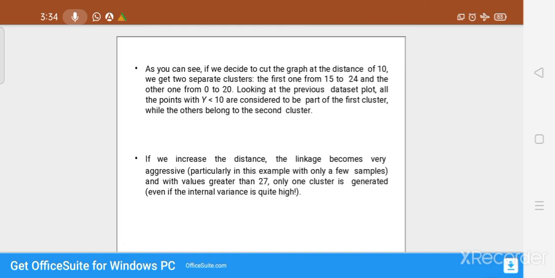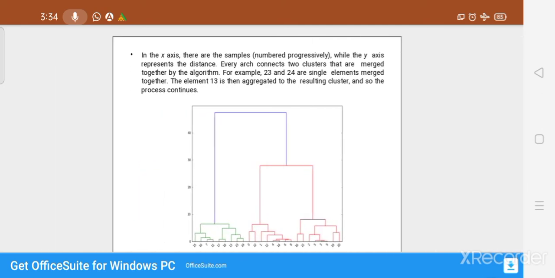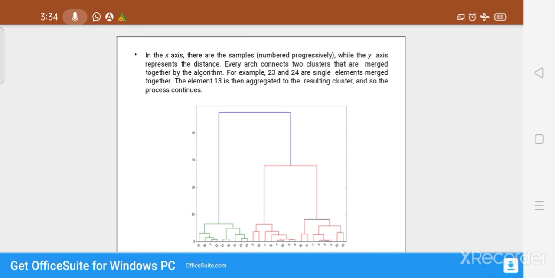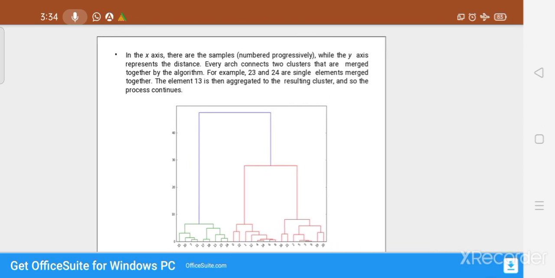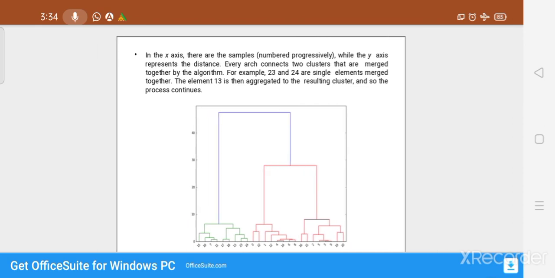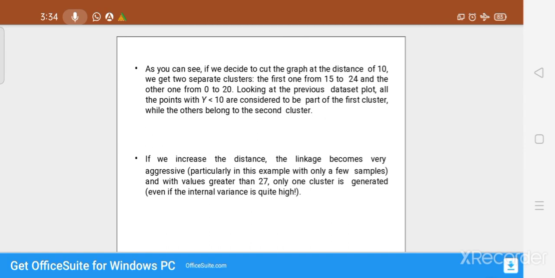As you can see, if we decide to cut the graph at the distance of 10, which you can see here on the y-axis, we get two separate clusters: one from 15 to 21 and the other from 0 to 20.